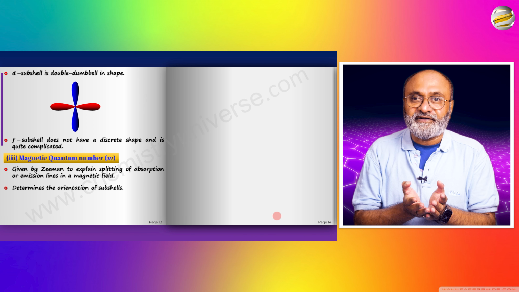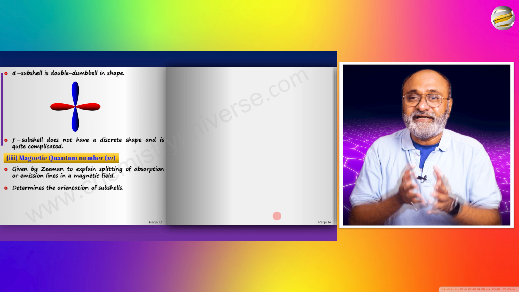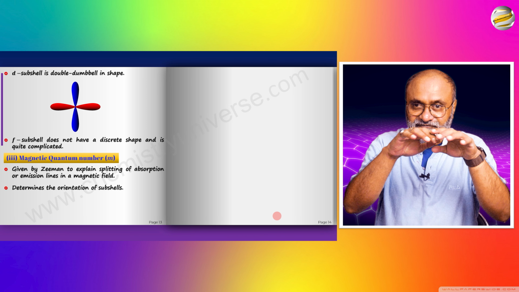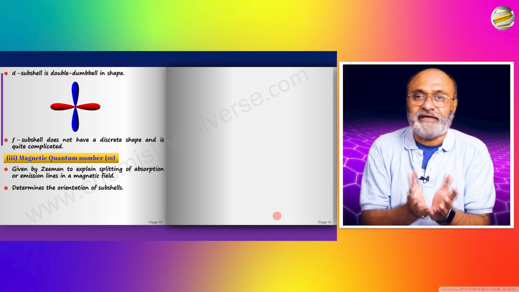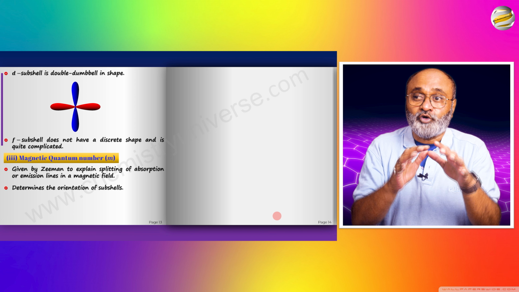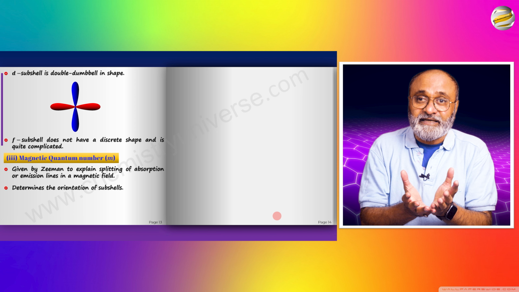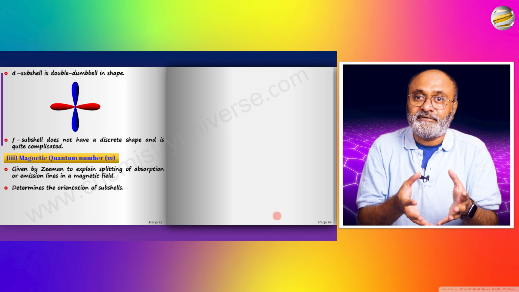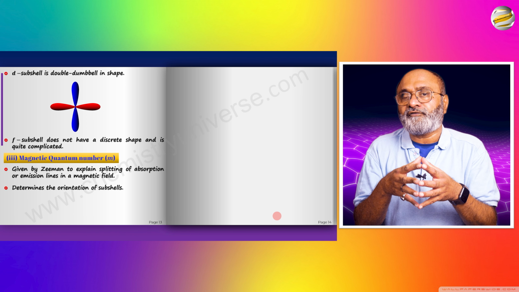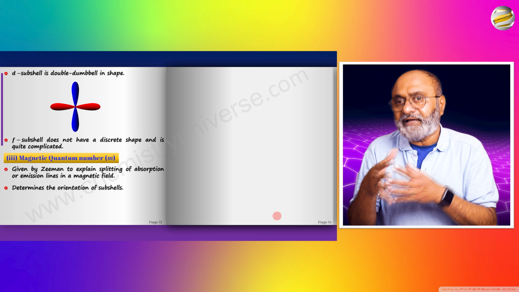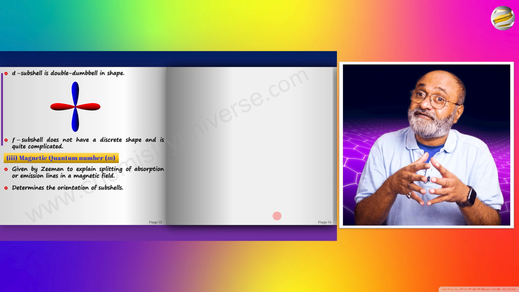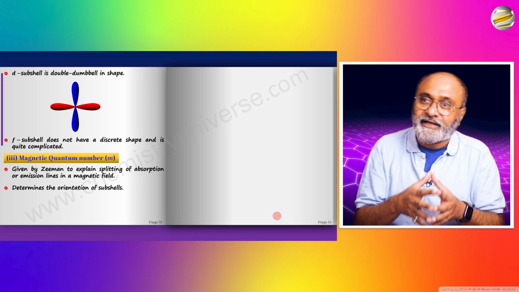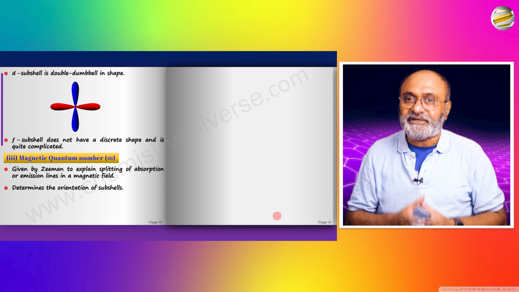A sphere, on the other hand, can only have one orientation. It doesn't have an orientation. It is spherically symmetrical in all directions. So for S subshell, there is only one orientation, which is that itself. Whereas in the case of other subshells, which are oriented in a particular way, there you can have multiple orientations.